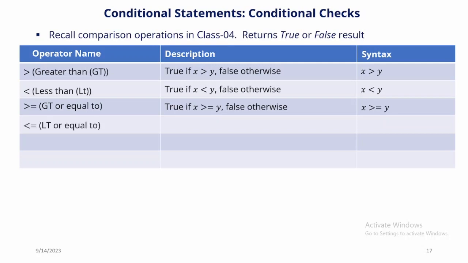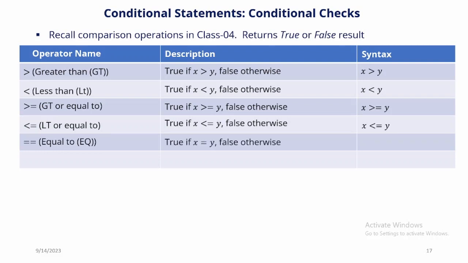The same way, less or equal to, and the syntax is x <= y. Then we have the equal to, which is the one we have actually been using more frequently. True if x and y are the same, and false otherwise. And finally we have the not equal to, which is true if variable x is not equal to y, false otherwise, and the syntax is x != y.